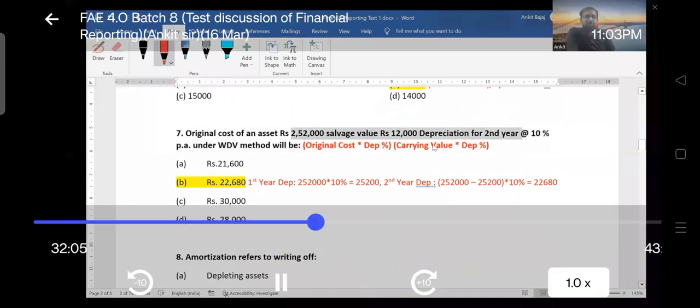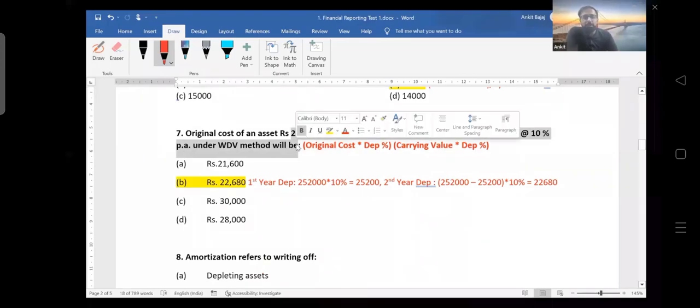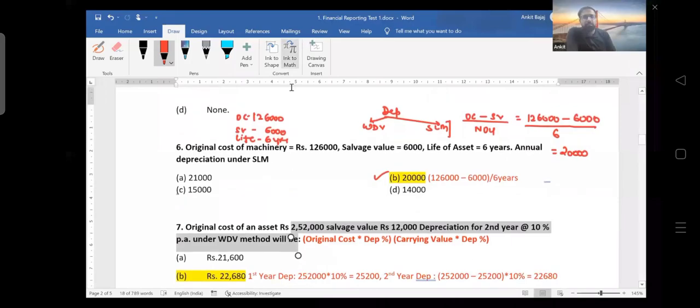Depreciation for second year at the rate of 10% under WDV method will be? What is going to be the depreciation for second year? Now, they are asking you to solve the question by using WDV method. What is going to be the formula for WDV method? Formula for WDV method is going to be carrying amount or original cost into rate of depreciation.